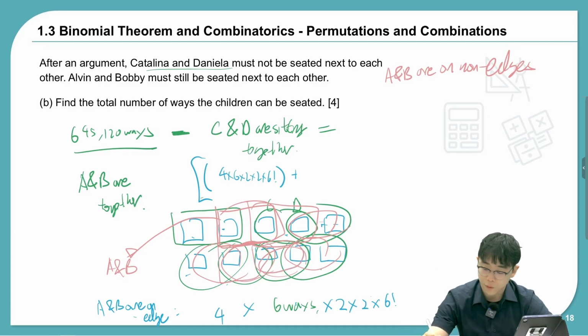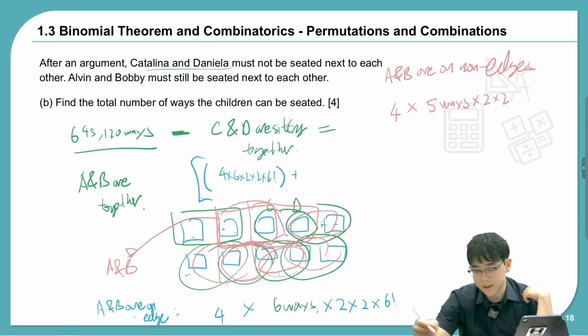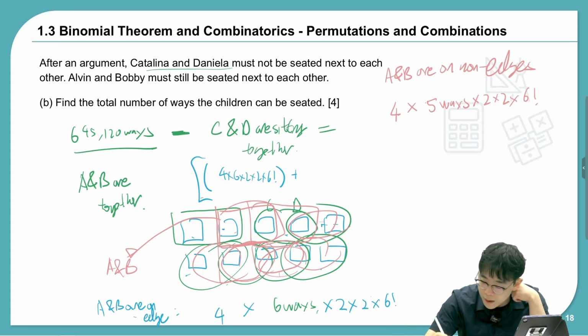So they could take 4 ways. And Catalina and Daniela would then be able to sit on 5 remaining seats. And then we multiply 2 and 2 again, because A and B could be switching seats, and C and D could be switching seats. And then we have, again, 6 children for 6 seats. So we would do 4 times 5 times 2 times 2 times 6 factorial.